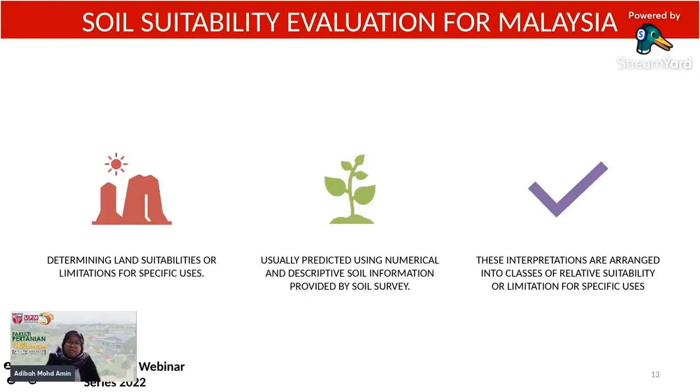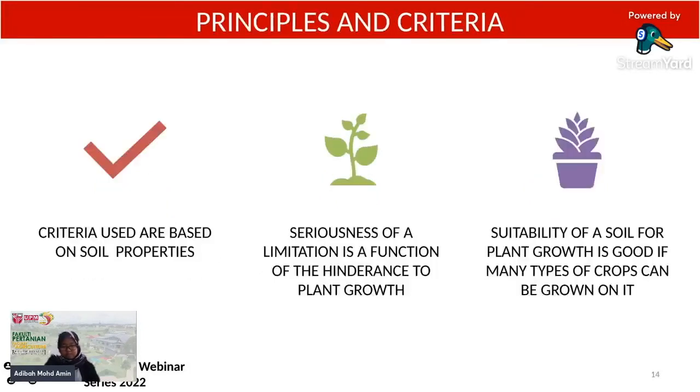This interpretation is arranged into 5 classes of relative suitability or limitation for specific usage. The principles and criteria used are based on soil properties. The seriousness of a limitation is a function of the hindrance to plant growth, and the suitability of soil for plant growth is good if many types of crops can be grown on that particular area.